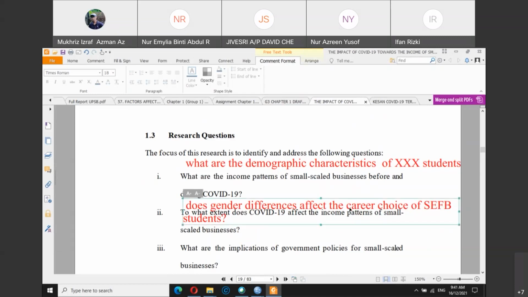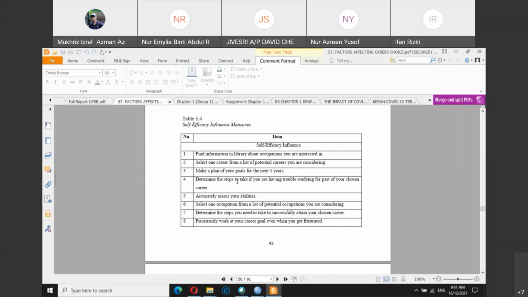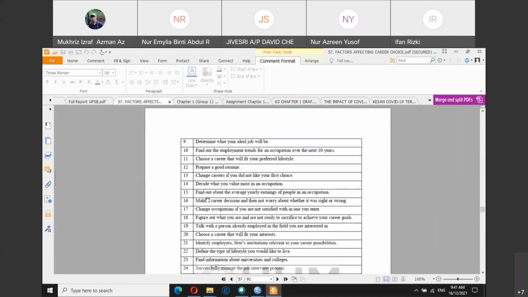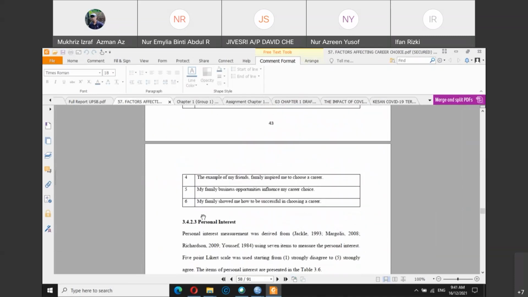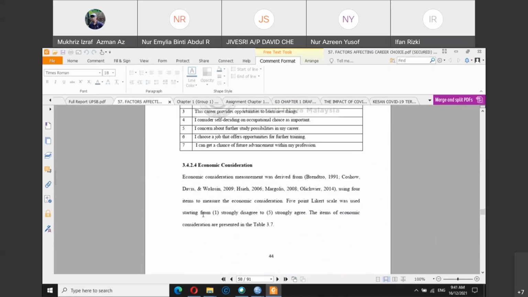So this particular topic is about career choice. There are 4 factors that can affect career choice according to this thesis: self-efficacy, family influence, personal interest, and economic factor. These 4 factors are supposed to influence career choice.